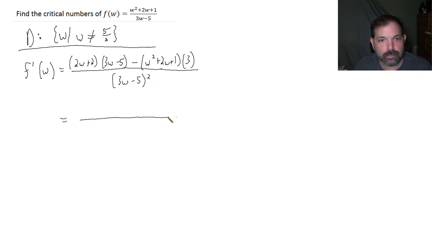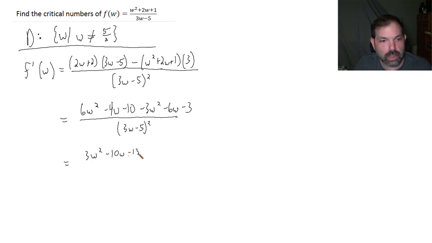Simplifying, that would be 6w squared minus 10w plus 6w minus 4w minus 10 minus 3w squared minus 6w minus 3, divided by (3w minus 5) squared. And so then that simplifies further as 3w squared minus 10w minus 13 over (3w minus 5) squared.